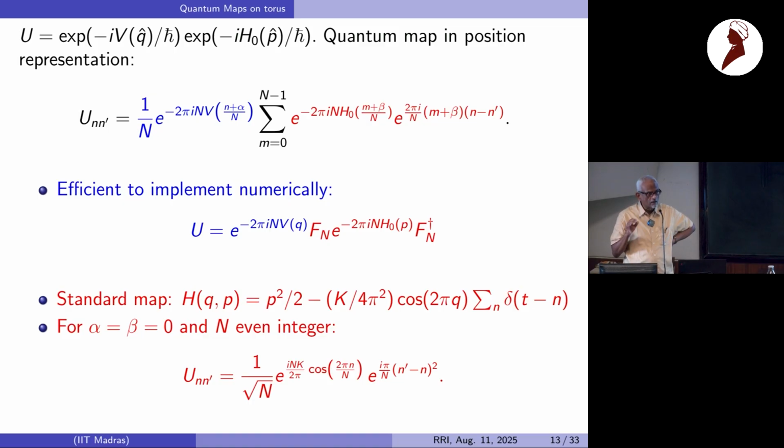But if you look at U alone, the spectrum will be on the unit circle. So there are two approaches. One is to make it a bit noisy, so they add a bit of noise, and then there are eigenvalues lying inside, or they make it a little bit open or non-Hermitian.